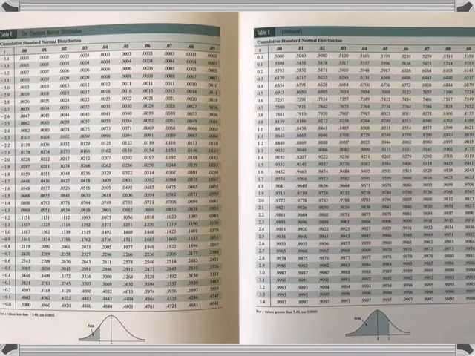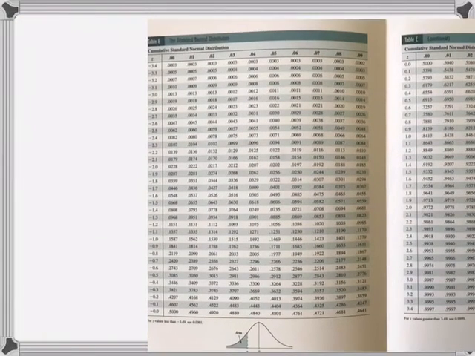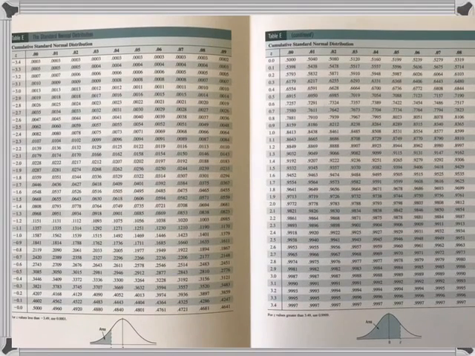So we found the area. Remember the area was 0.3, on the left-hand side. So let's find something close to 0.3 in the table.